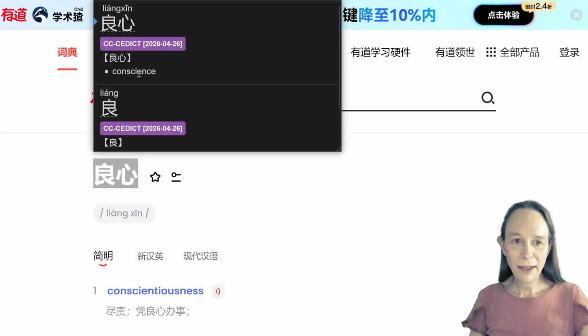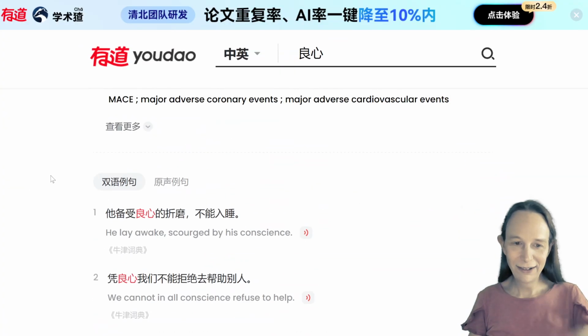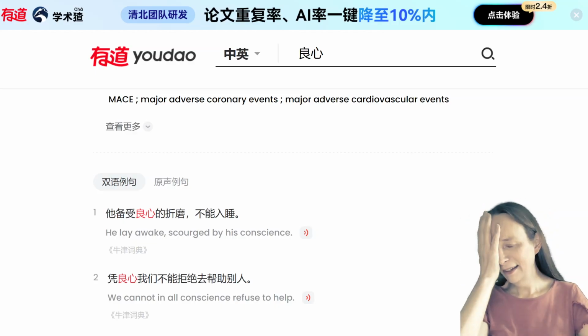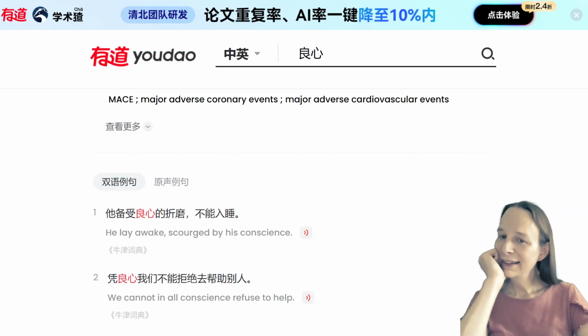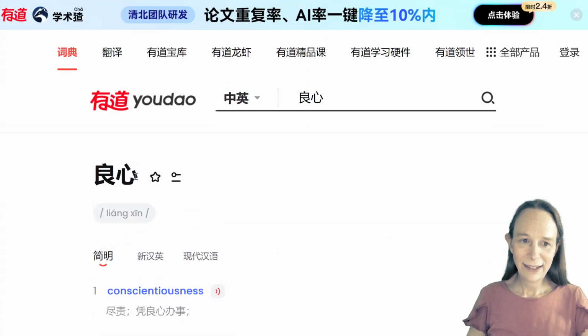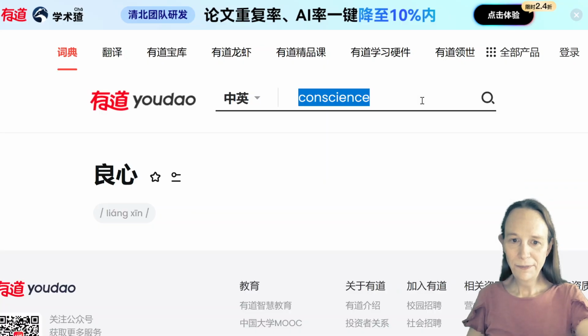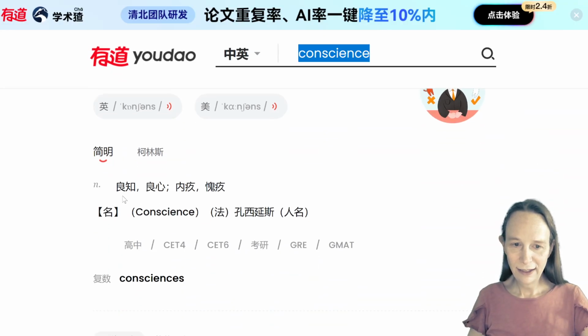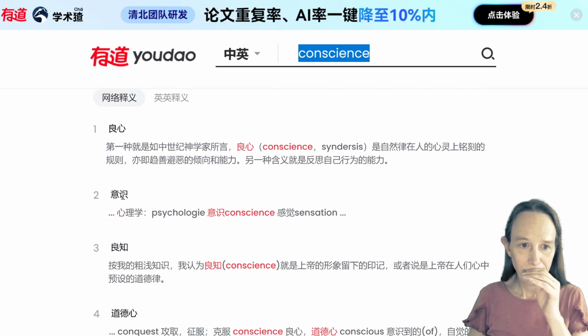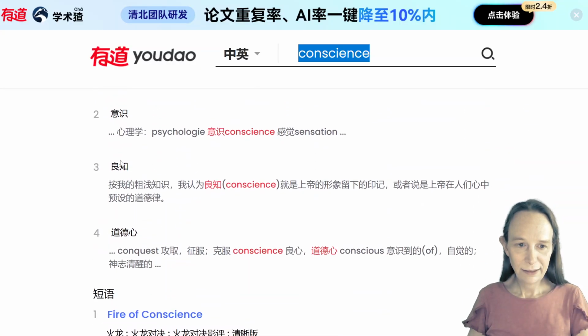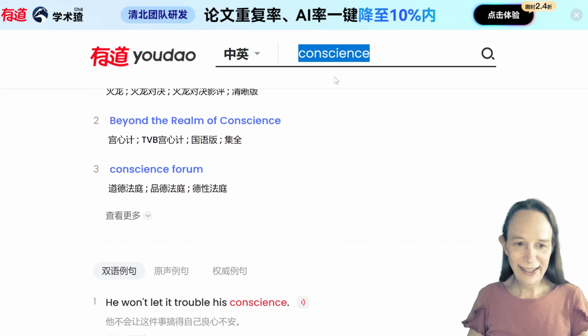It's conscience in the sense of, I don't know, your... 良心. There's another word for conscience, so we need to differentiate them. It's none of these.